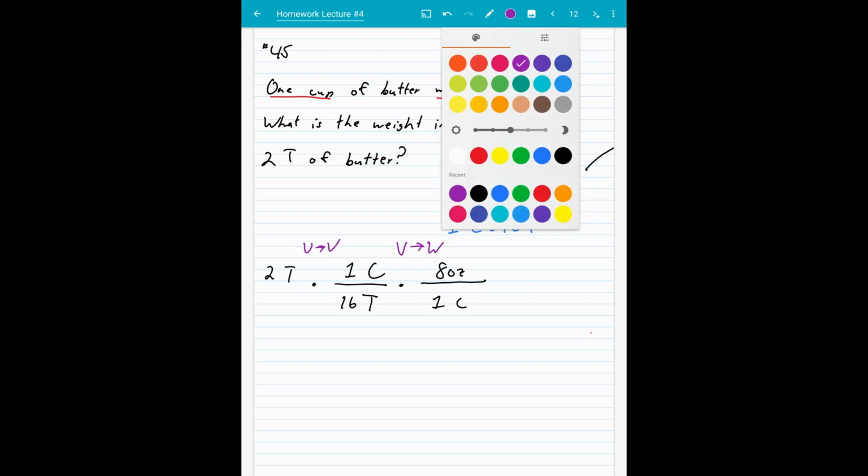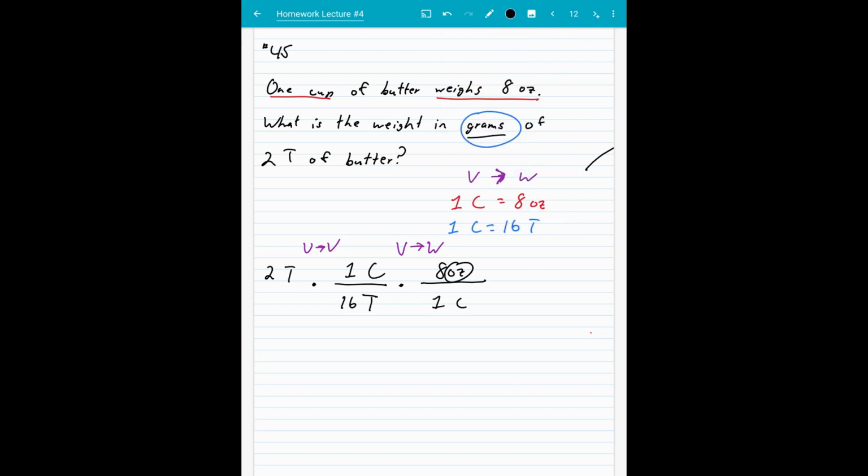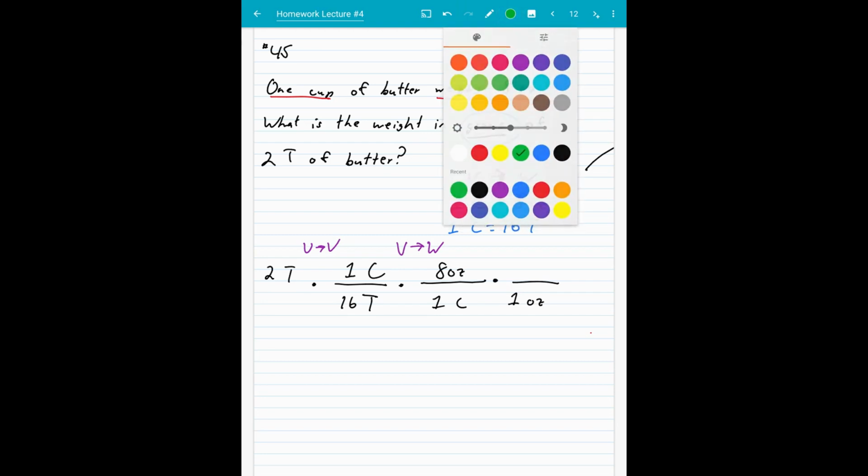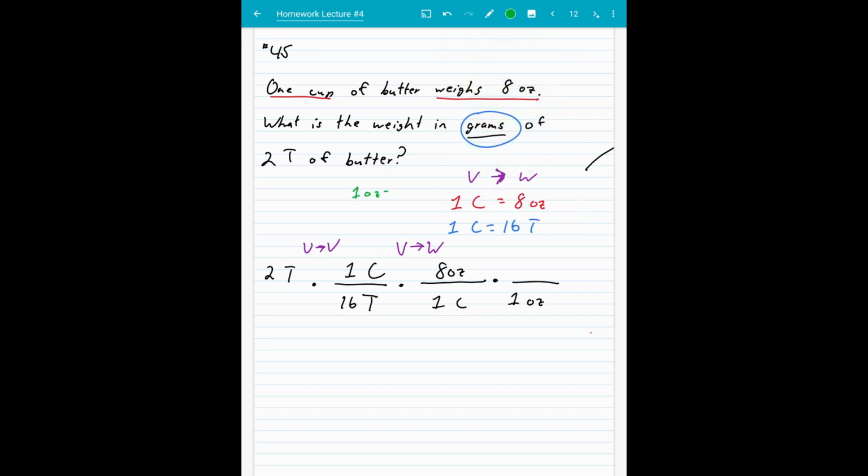Now, ounces isn't the correct weight we want. We want grams. So now we need to change ounces to grams. We can go back to our conversion chart, and for every 1 ounce, and you can write that down in your little conversion list if you like, 1 ounce is equal to 28.3495 grams.